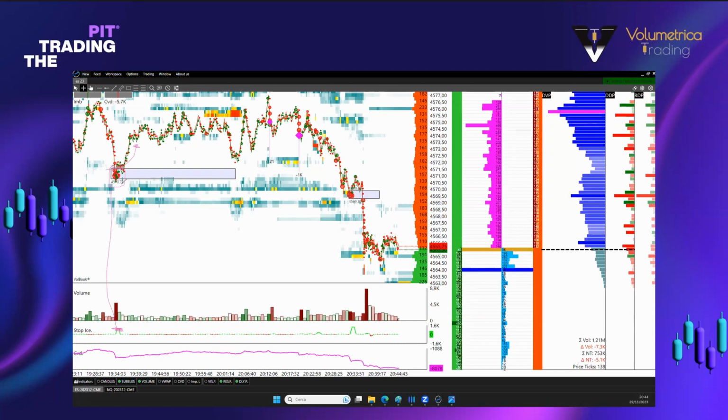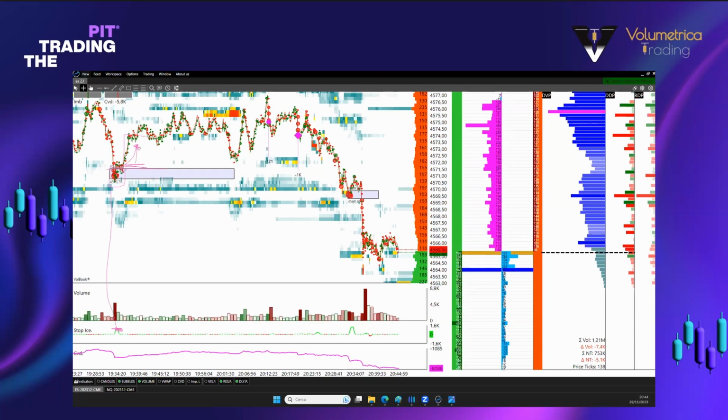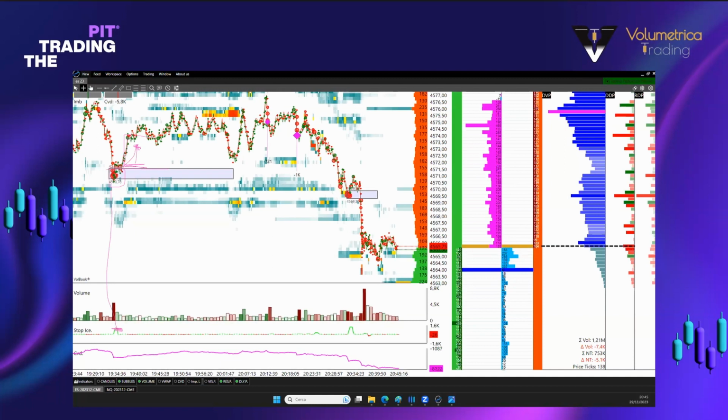And if it does, does it develop a nice initiating move in that direction? Well, if the answer is yes, that means that the iceberg is being defended. So that's my personal way of assessing and eventually trading icebergs. That's a first yellow light.